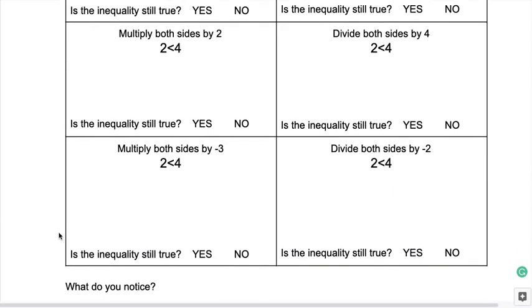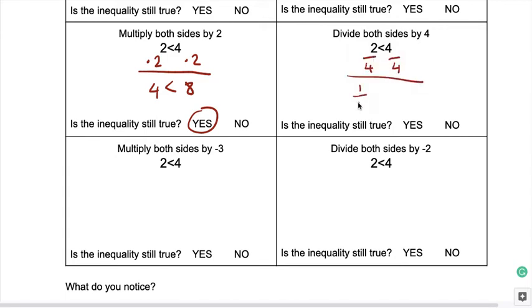Okay, so I'm just going to rewrite this first multiplication here. So multiplying by 2, multiplying by 2. Now there was 4 less than 8. True, right? This one here was dividing by 4, and we got 1/2 is less than 1. Also true, okay? Let's multiply both sides by negative 3.